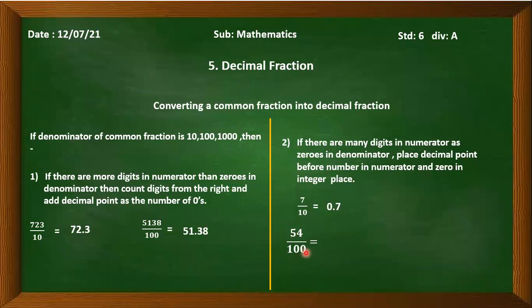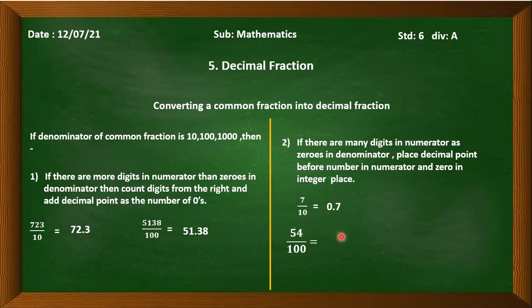Here, how many zeros are there? 2 zeros. Yes. And in the numerator, how many digits are there? 2 numbers. Yes, two numbers. So we are going to write the two numbers as they are, that is 54.